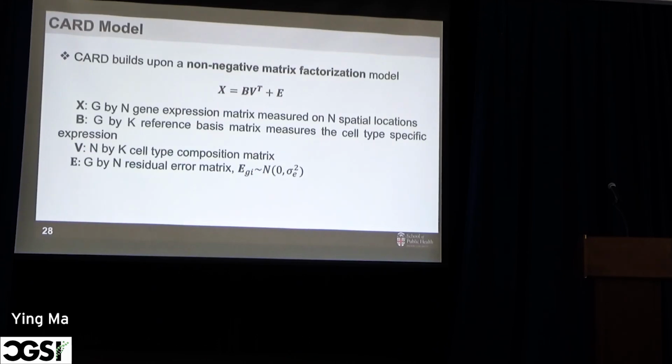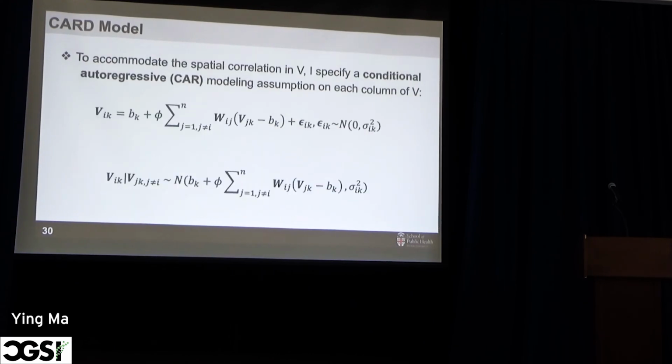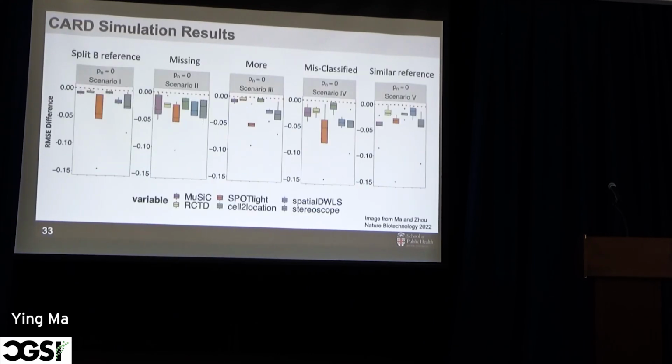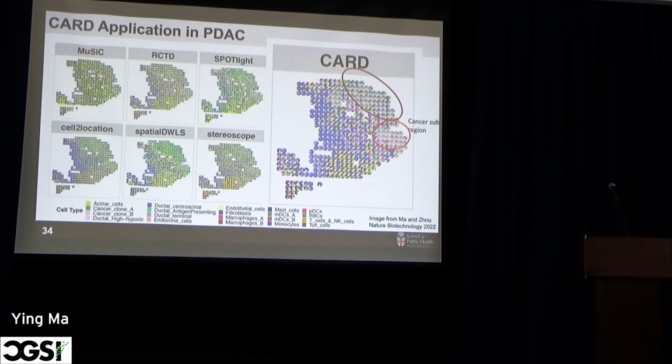Because of the time limit, I will skip these methodological details and also the results. Maybe show these. One of our important applications is in pancreatic ductal carcinoma. We found that our method is the only method that can identify this intratumor heterogeneity.